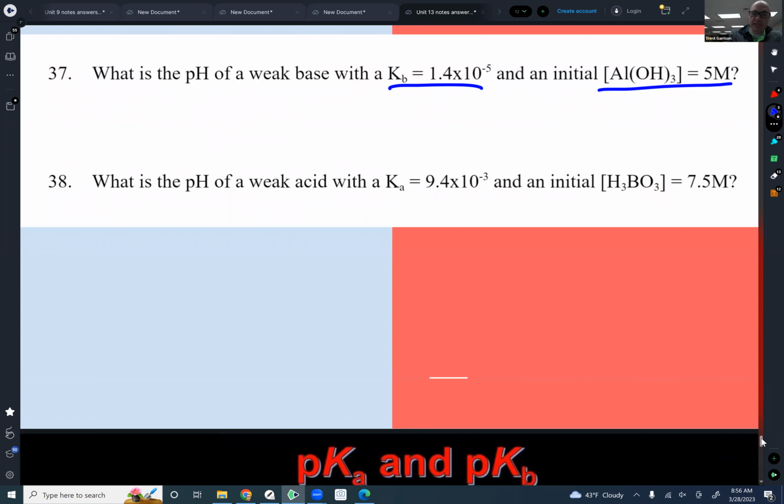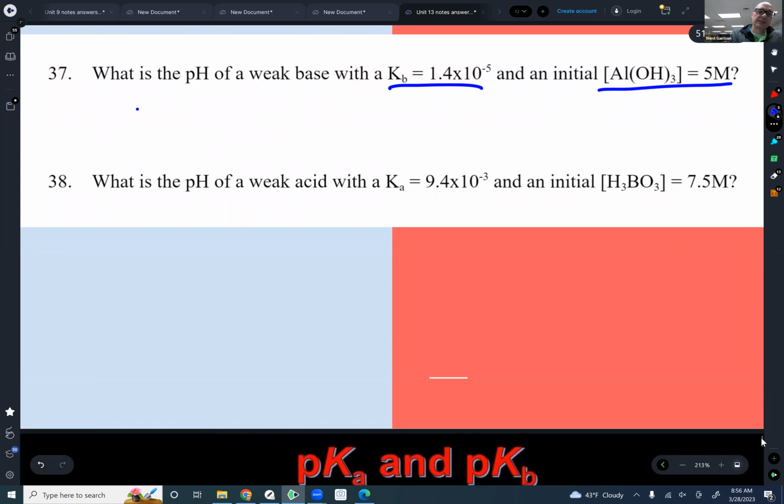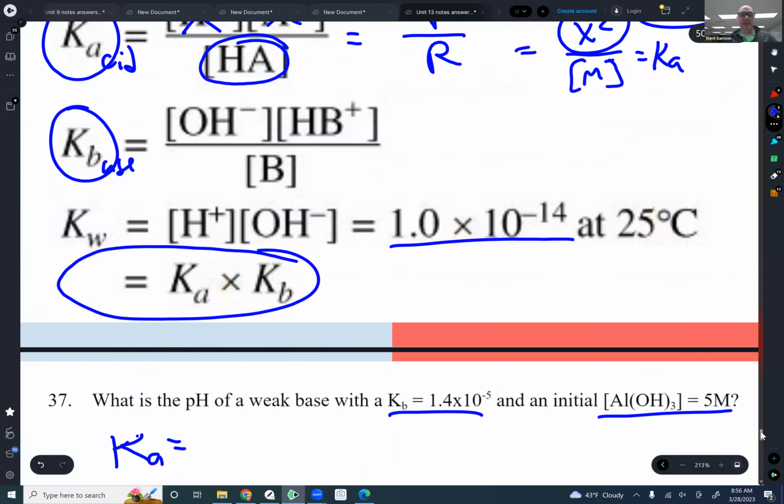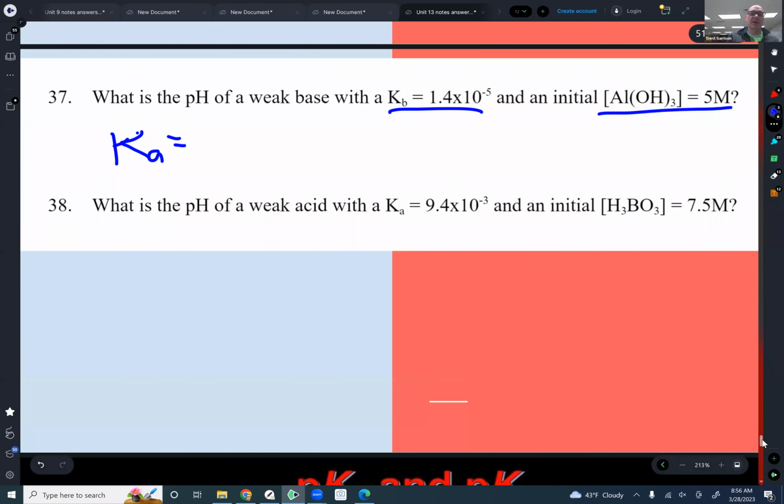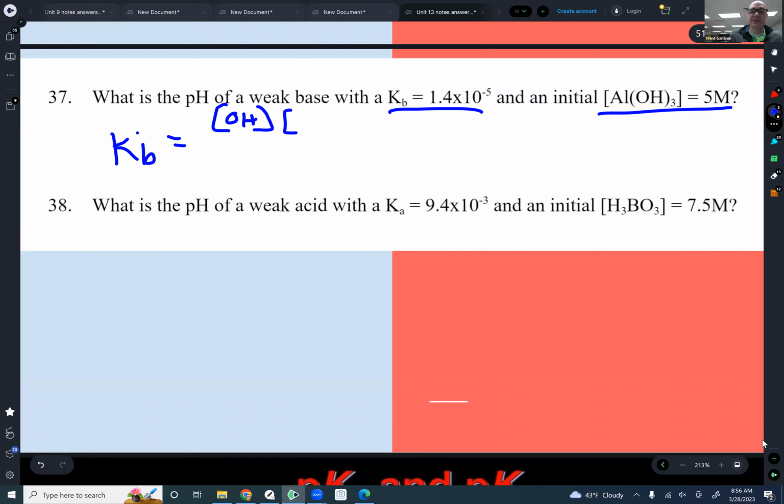So the formula, again, is Kb is equal to OH times what else is left over, which is the Al part, over the AlOH, and it happens to be 3.